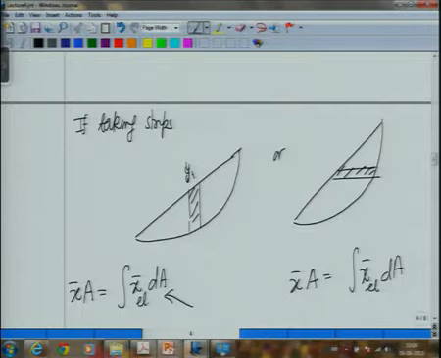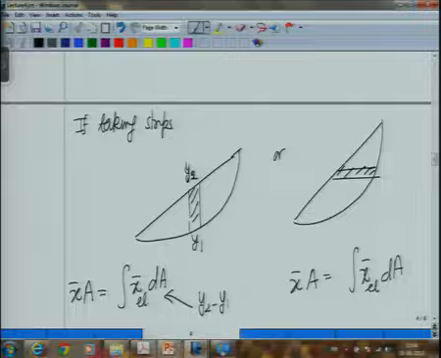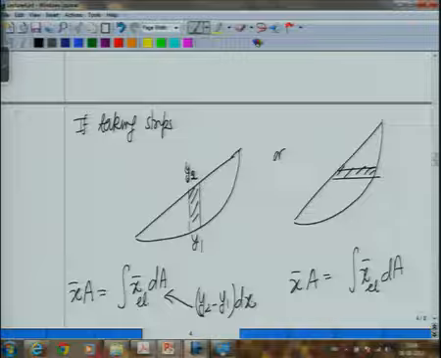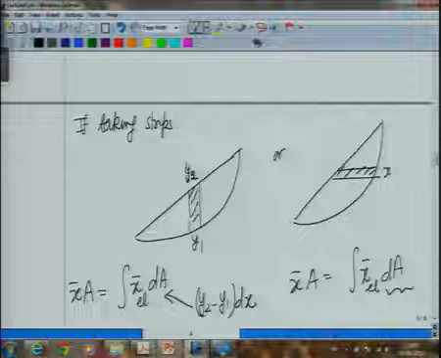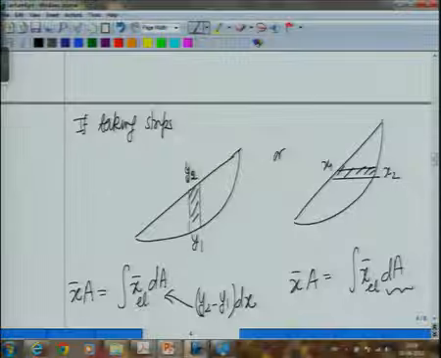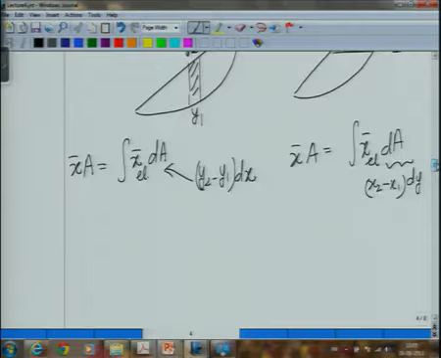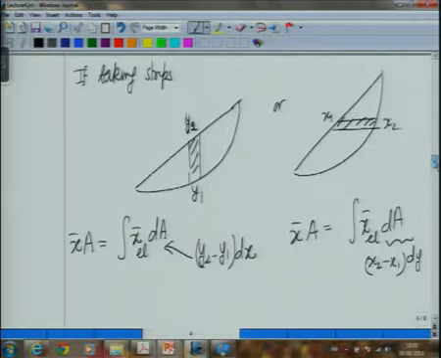Now, dA in both, in this case, we call this y2, isn't it? This was y2, this was y1. So, dA will be equal to y2 minus y1 into dx, and in this case dA will be equal to x2 minus x1 into dy. But now, you have to be careful. The careful part is, what is x bar of the element?